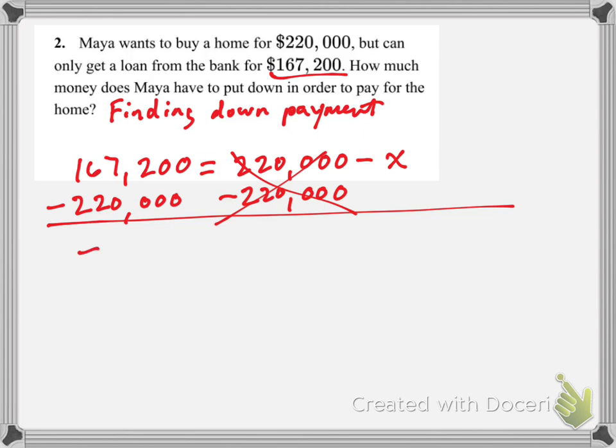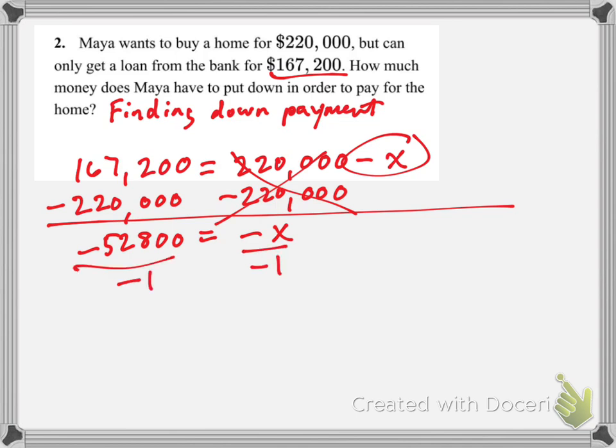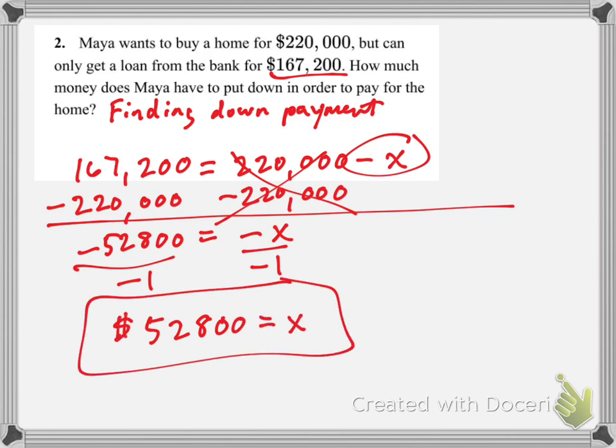So that's negative $52,800 equals, now remember that's a minus x, so you've got to bring that down. So you divide by -1. So your down payment has to be $52,800. Okay? It's a pretty large down payment. But if you can only get the loan for $167,200 and the house costs that much more, well, that's what you're going to have to put down.